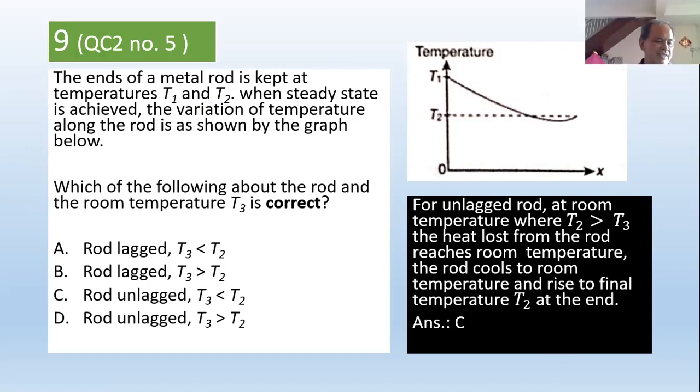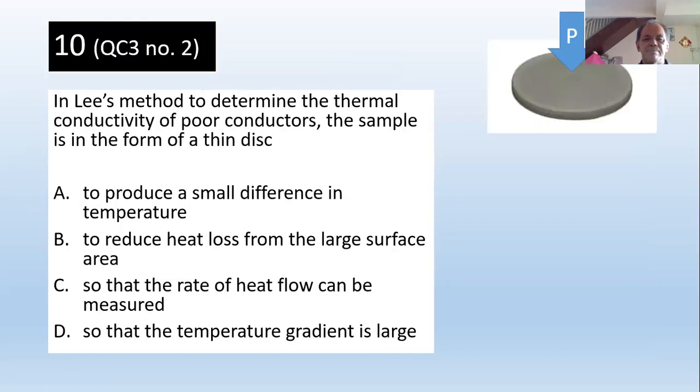Okay, let's go to the next one then. In Lee's method to determine the thermal conductivity of a poor conductor, the sample is in the form of a thin disk. To produce small temperature difference, no. Thin disk has its reason, to reduce the heat loss from a large surface area.